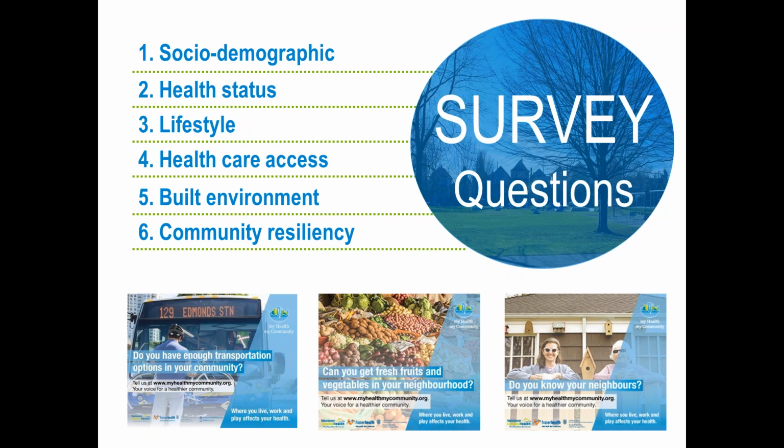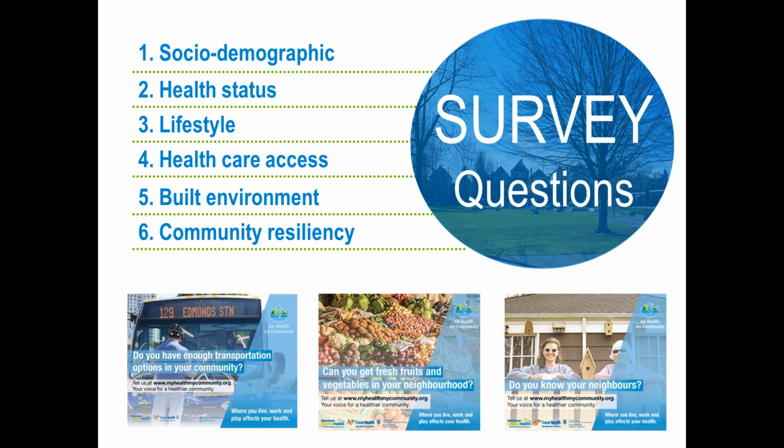The 6 categories we used were socio-demographic questions, so things like your gender, your income, where you live, that type of information. Your health status, so information specifically about your health. Lifestyle, do you drive, do you walk, what kind of food do you eat? Your access to health care, do you have a primary care physician?